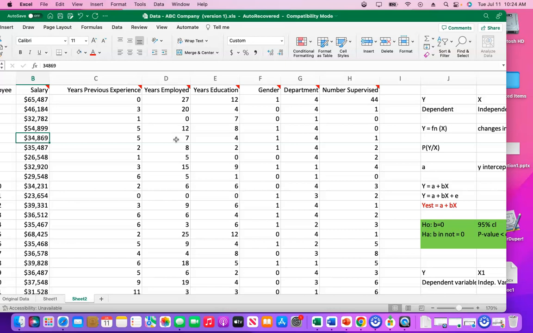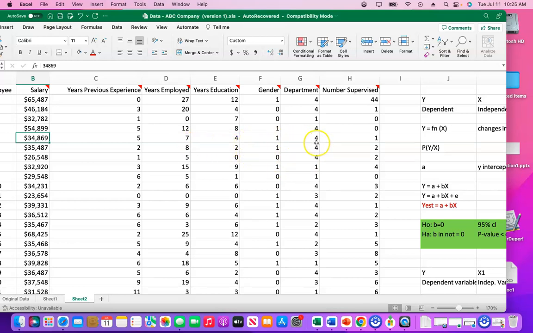So you're going to take that slope of the years employed times 7 plus the slope of years of education times 4, meaning that this person has 4 years of education. And then this person is male, but we are not going to consider gender because gender has nothing to do with the salary. We have proved that.